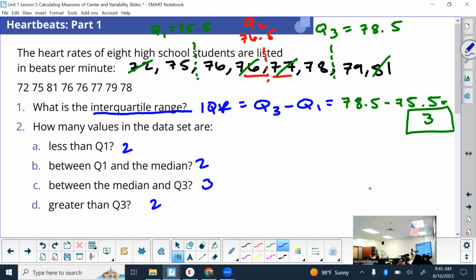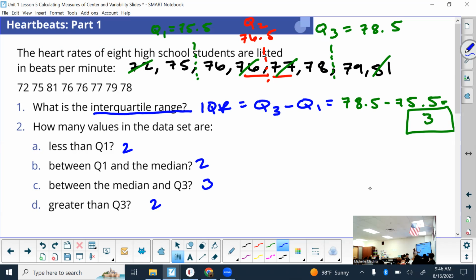You're literally just counting. So less than Q1, my Q1 was between these two numbers. I'm counting 1, 2 values. Make sense? Then between Q1 and the median, here's Q1, here's my median. How many values are between them?